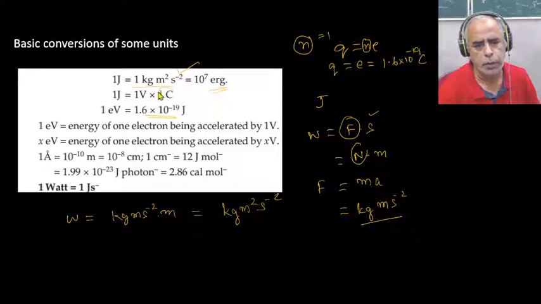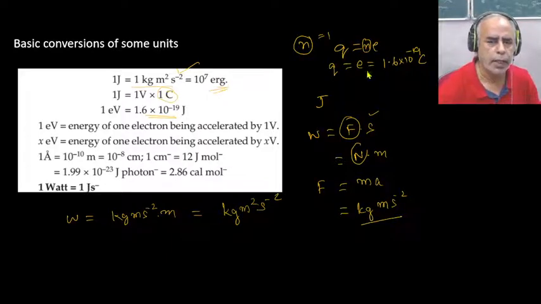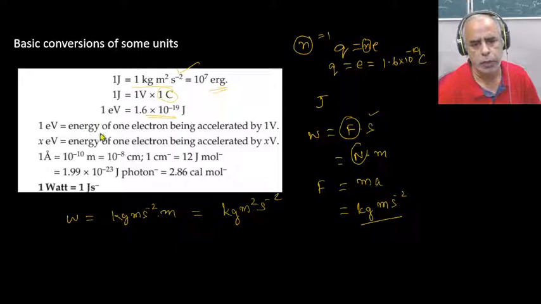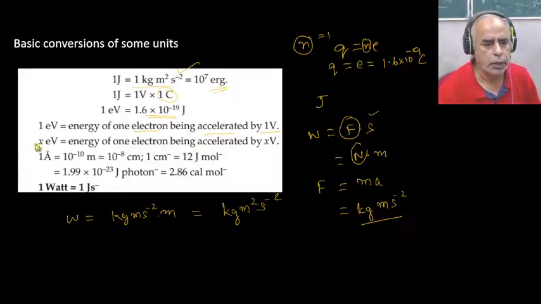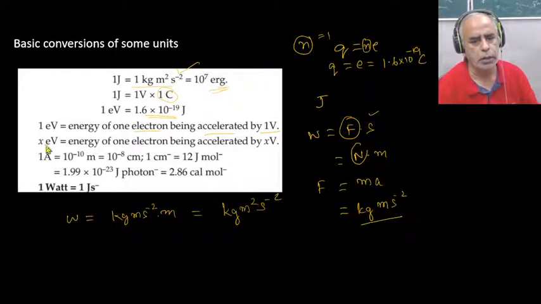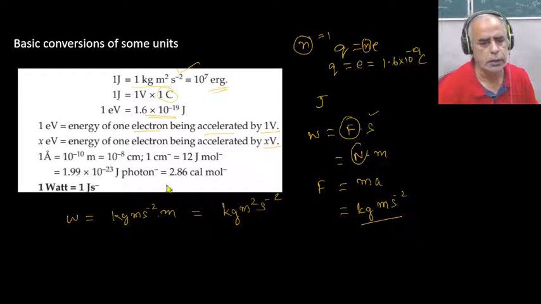So we have replaced this 1 coulomb by 1.6 into 10 power minus 19, assuming that it is the charge carried by 1 electron. And 1 electron volt is equal to the energy of 1 electron being accelerated by 1 volt. And let me say that is x electron volts, then you have to multiply that x by the value in joules.